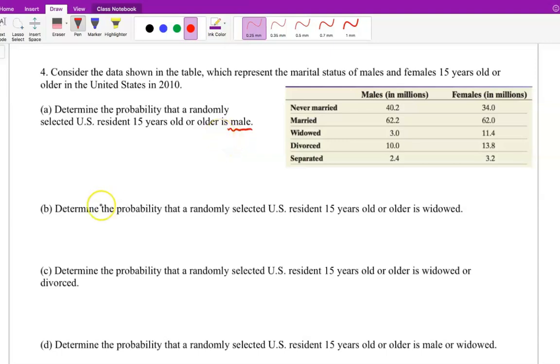So finding probability of male, that is equal to number of males divided by total number of outcomes. Let's write total.